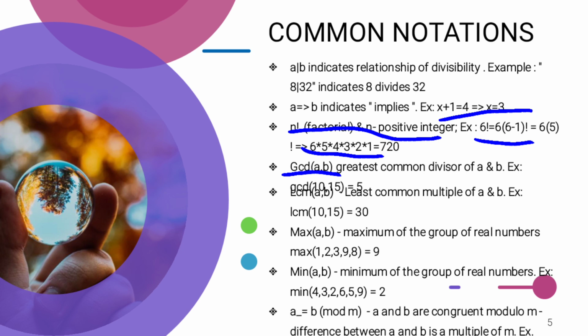And here it is 30. 10 threes are 30, 15 twos are 30. 30 is common, the least common multiple of 10 and 15.